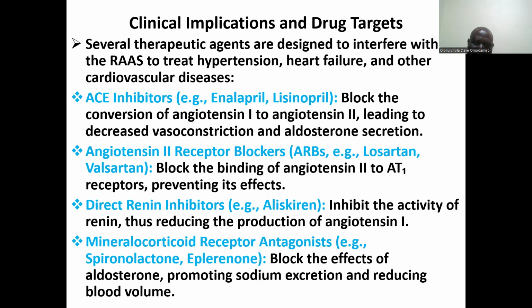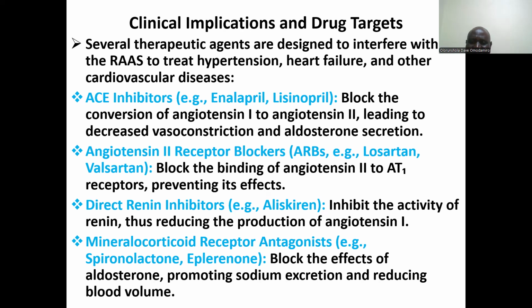We can also use a drug that directly inhibits renin, so that angiotensinogen will not be converted to angiotensin 1, and of course, the production of angiotensin 1 will be inhibited.